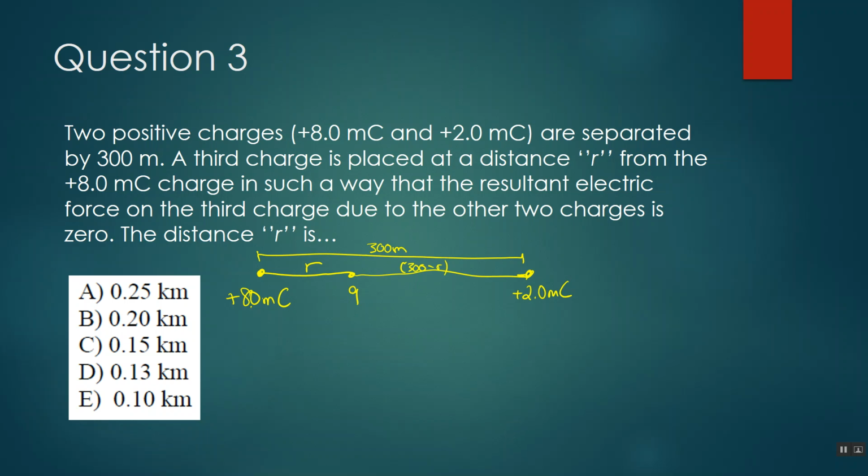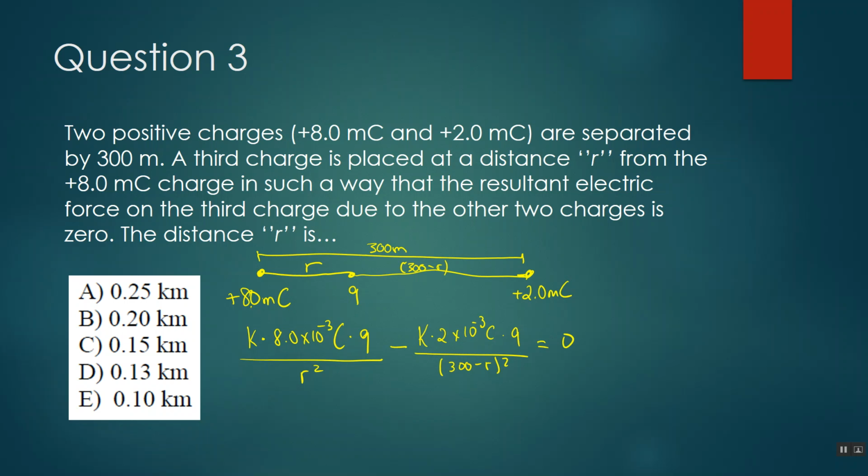So I would say that k multiplied by 8.0 times 10 to the minus 3 coulombs times Q divided by R squared minus, because the force of the other one's going to go in the opposite direction, k times 2 times 10 to the minus 3 coulombs multiplied by Q over 300 minus R, all that squared. When you add them together, it should give me 0. Okay, I set it up.